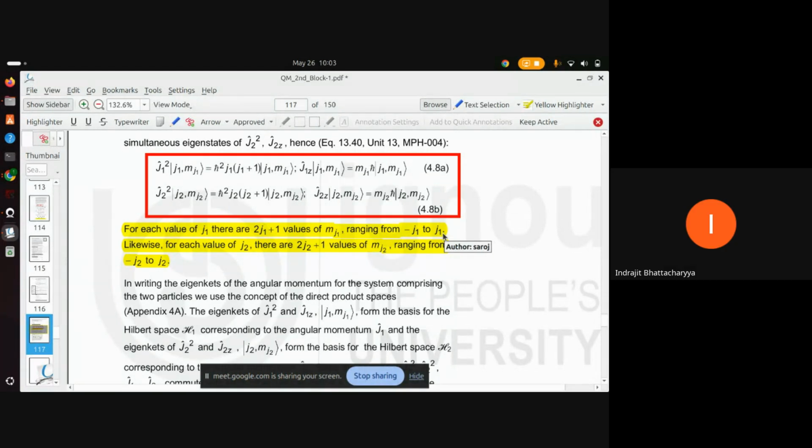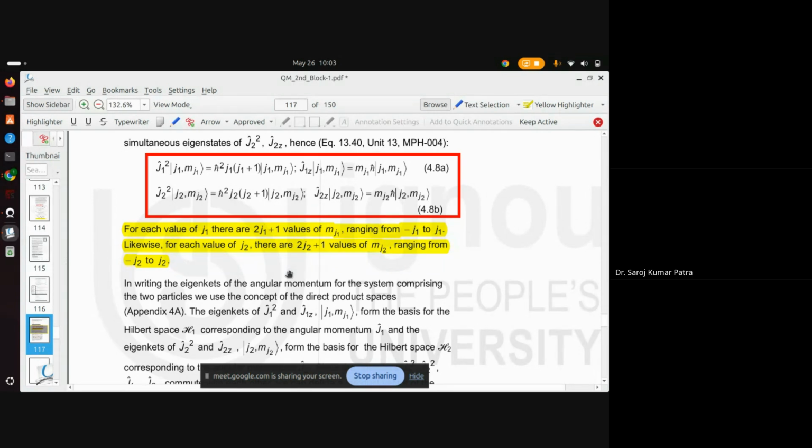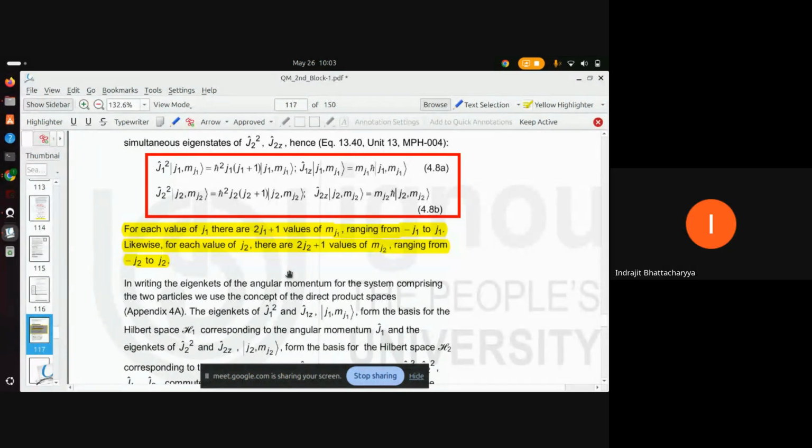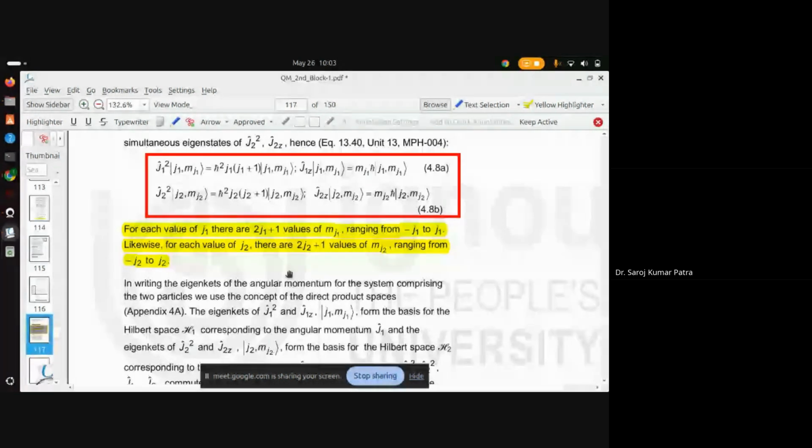Excuse me, sir. Please tell us why this value m varies from minus J1 to plus J1. It's space quantization.